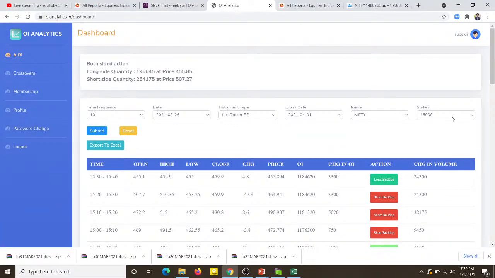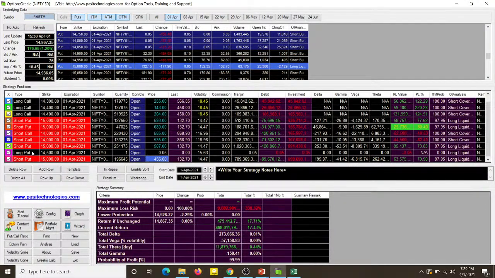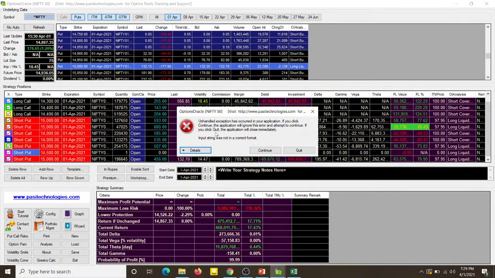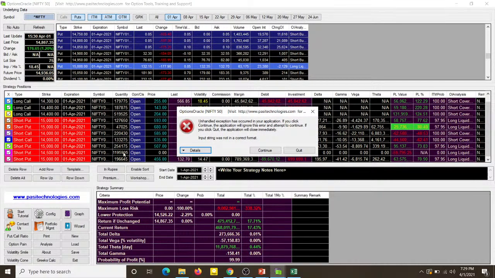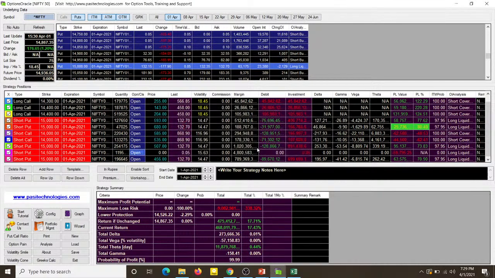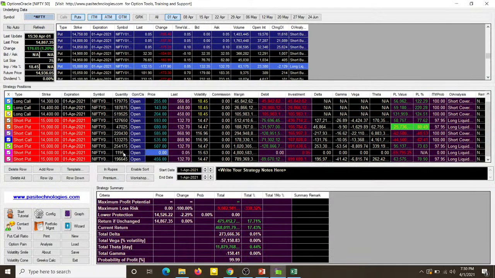Now let's move on to 14,500 put. That's what we need to add, the third strike. So straight away we have one quantity, so we are going to add that. 1195905. $1195505.